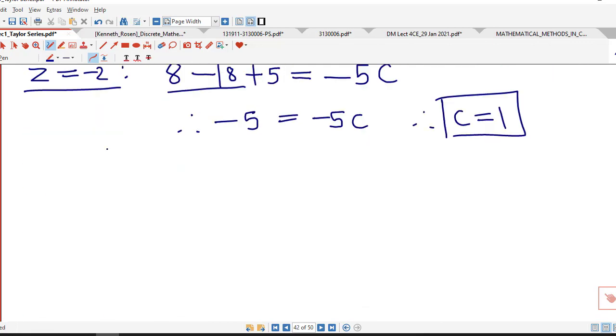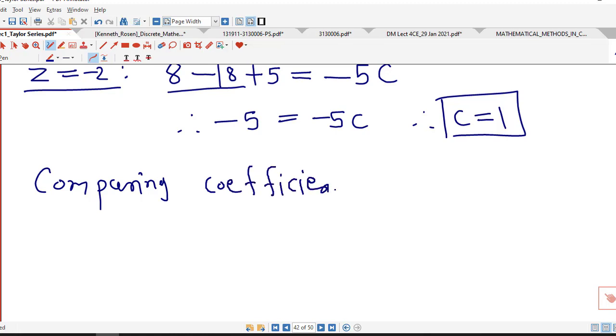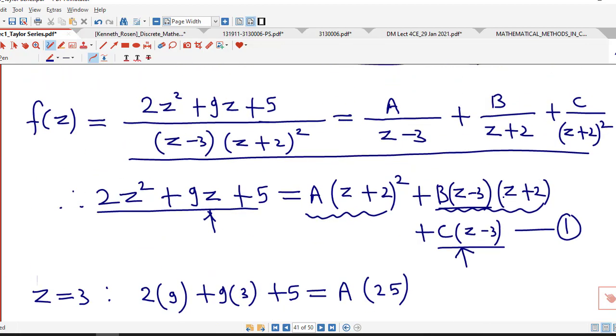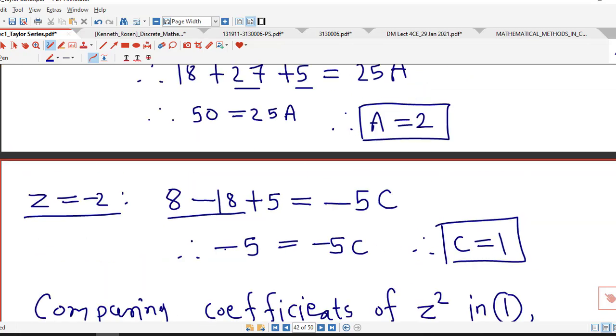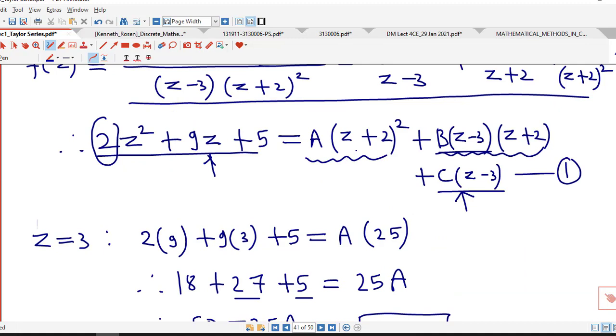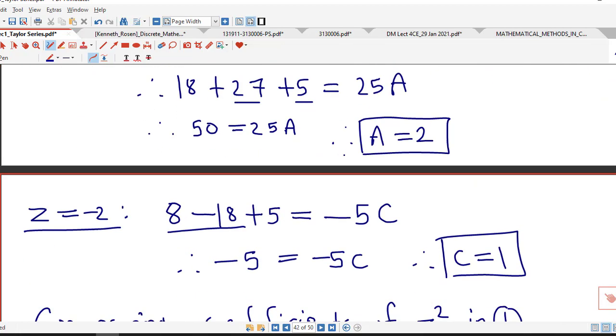The coefficient of z square on the left hand side is 2. So we have 2 equal to, in the first term this is z plus 2 square, so we have z square plus 4z plus 4. So the coefficient of z square in the first term is A.